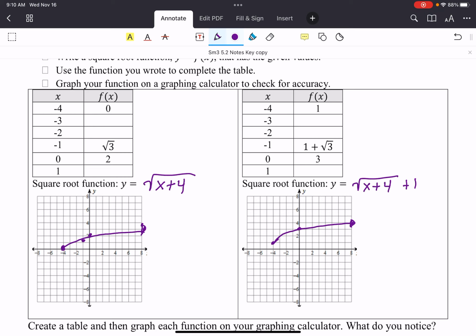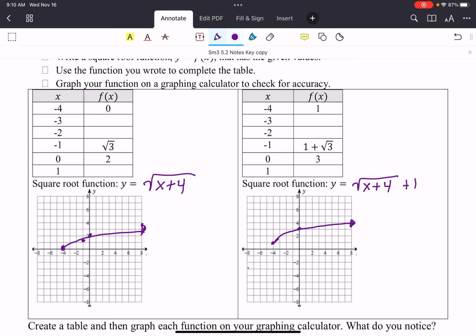Okay, I want you to think about this point right here. You called it critical point, didn't you? This point right here where it moved the graph, what happened from these numbers to get it to here? So plus 1 on the outside. There's a +1 on the outside. What did you notice about the graph though? When there was a +1 on the outside, what happened to the graph?